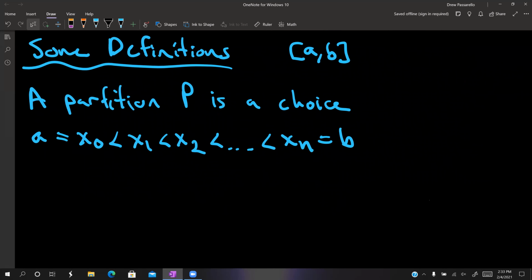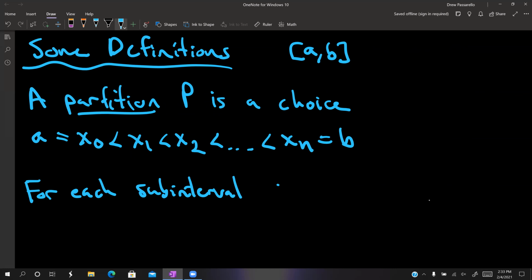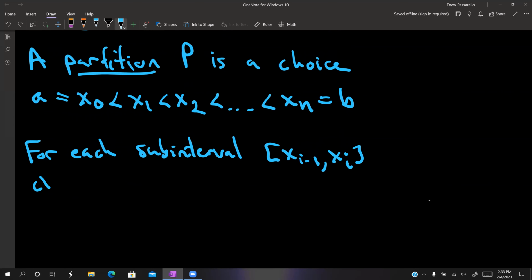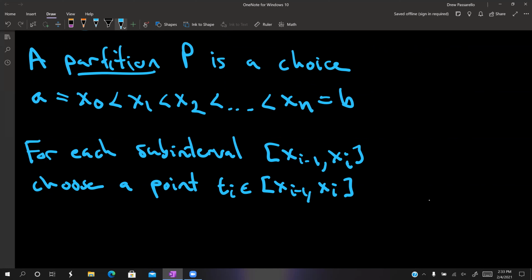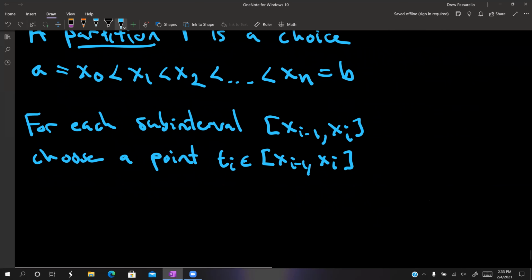Now, that's what a partition is. For each subinterval of the form x subscript i minus 1, comma x subscript i, you're going to choose a point ti in that subinterval, and these are going to be called the tags.